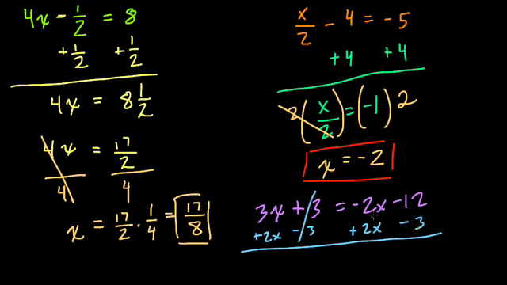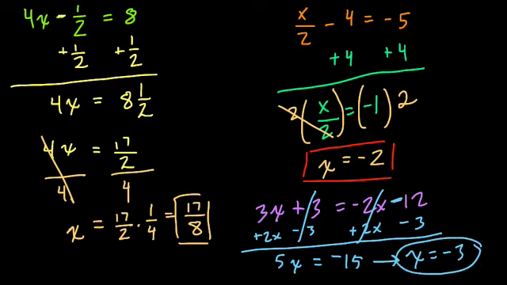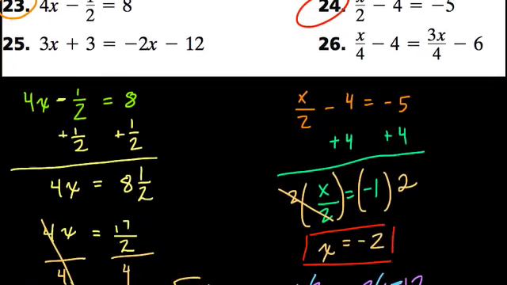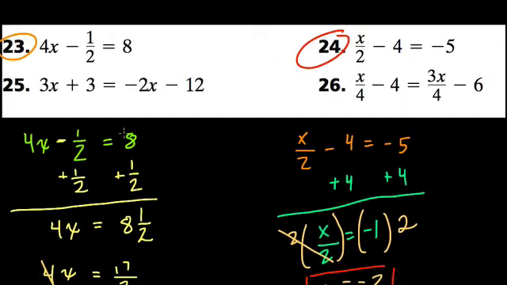So these cancel out, and 3x and 2x is 5x. Now remember, this is a -12 minus 3, or -15. Divide both sides by 5, and x is equal to -3. And again, I would encourage you to plug that into your formula up here to see if it does indeed work, that x is -3.